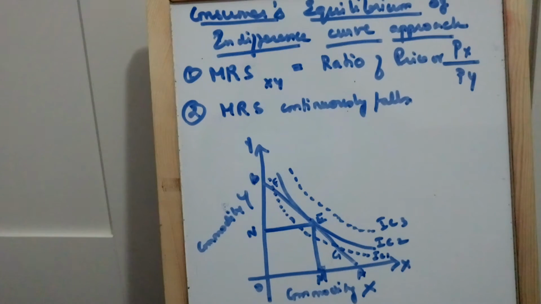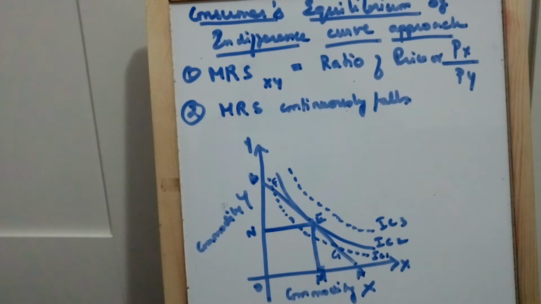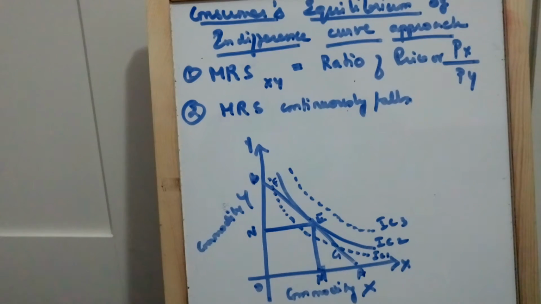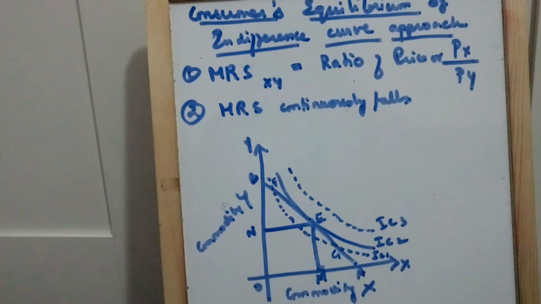If MRS XY is less than the price ratio, that is PX by PY, then the consumer is willing to sacrifice fewer units of Y as compared to what is required in the market. So it induces the consumer to buy less of X and more of Y. So MRS rises till it becomes equal to the ratio of prices and the equilibrium is established.